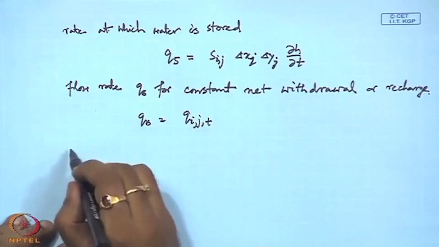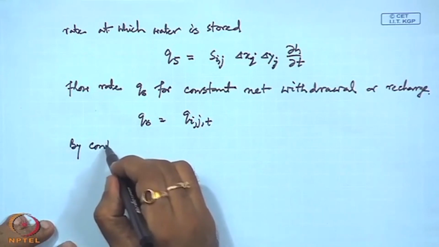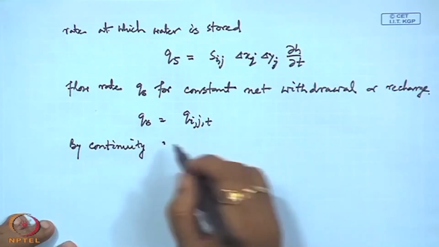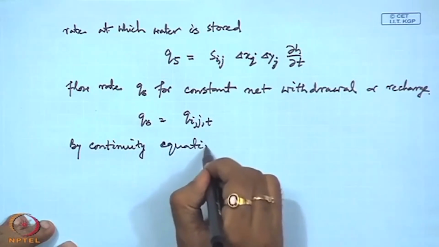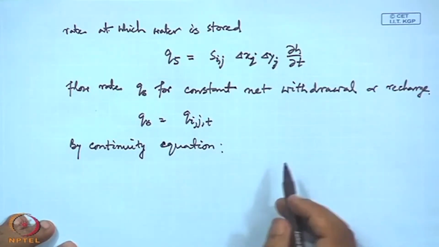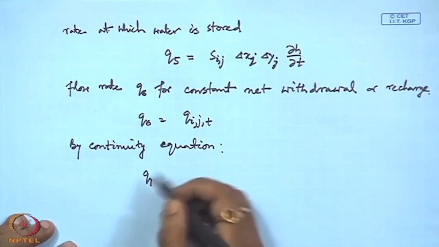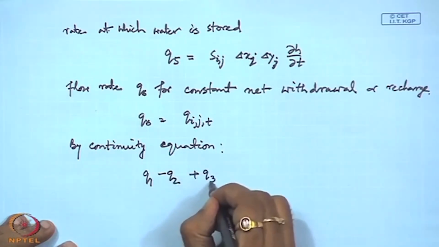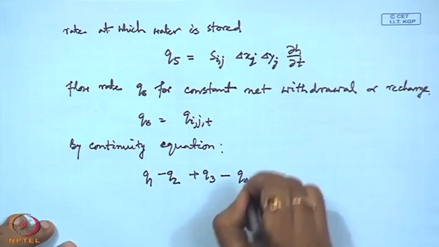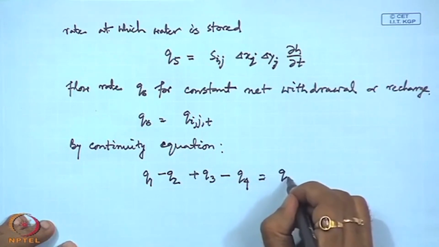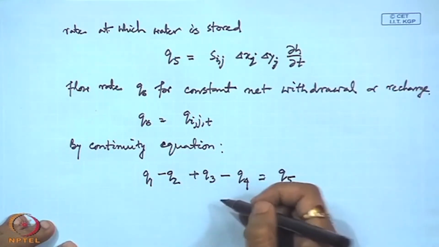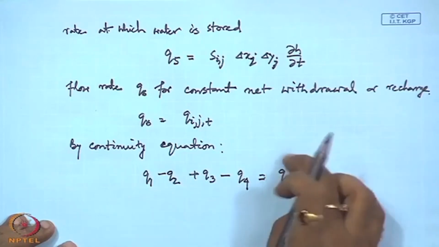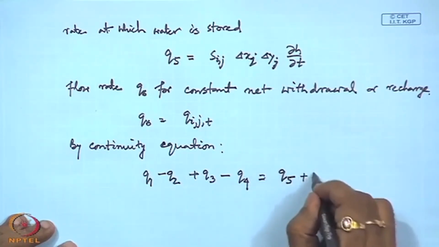By the continuity of the flow, we can write Q 1 that is entering, minus Q 2 that is leaving, plus Q 3 that is entering, minus Q 4 that is leaving, equal to Q 5, the rate at which water is stored, plus Q 6.